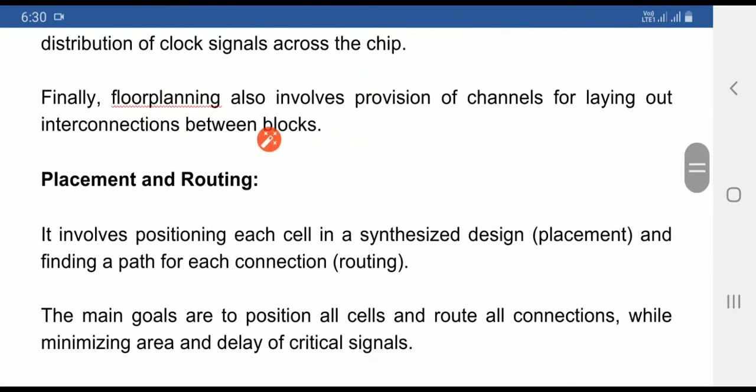Finally, floor planning also involves the provision of channels for laying out interconnections between the blocks. So this is about floor planning.